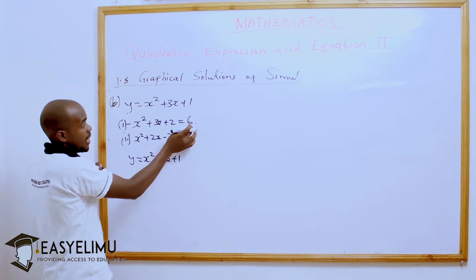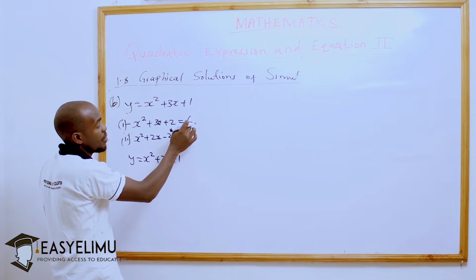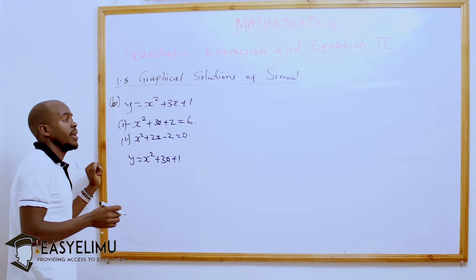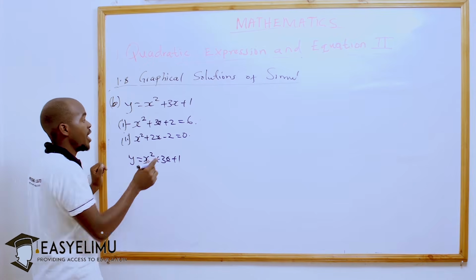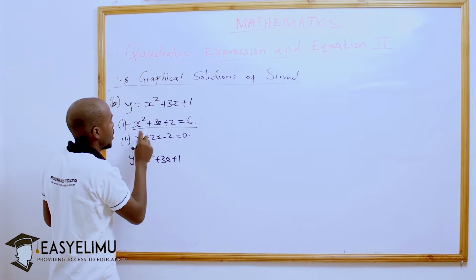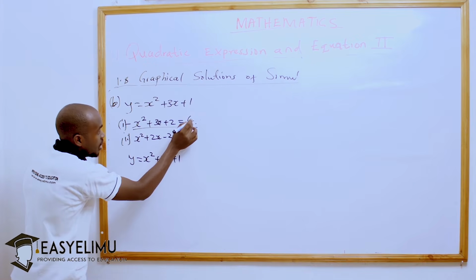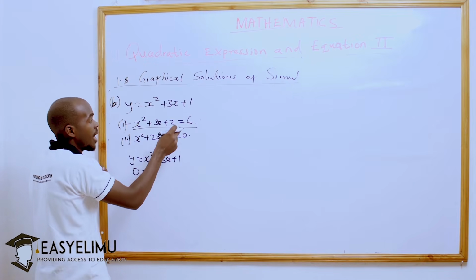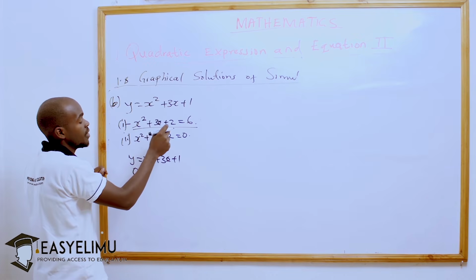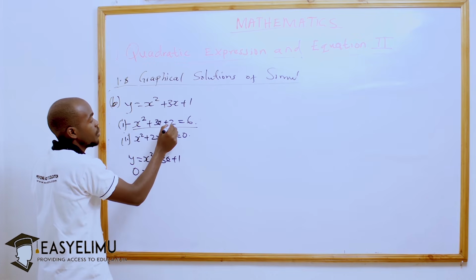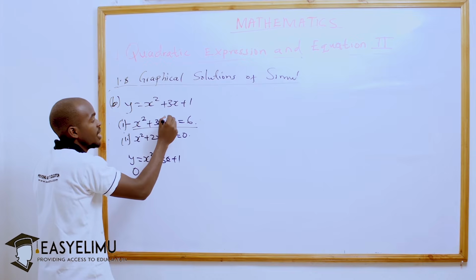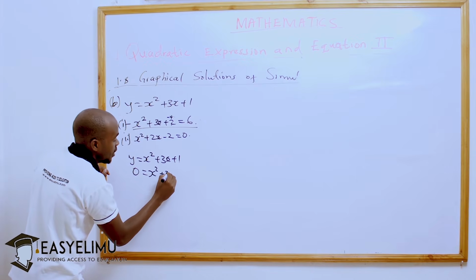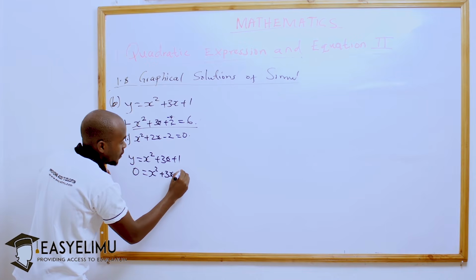Here we have to solve this part to remain as 0, whereby we bring this 6 to the other side by subtracting 6 on both sides. If we subtract 6 from this side, we remain with 0. And on this side, we find positive 2 minus 6, you will get minus 4. So we are going to have x squared plus 3x minus 4.